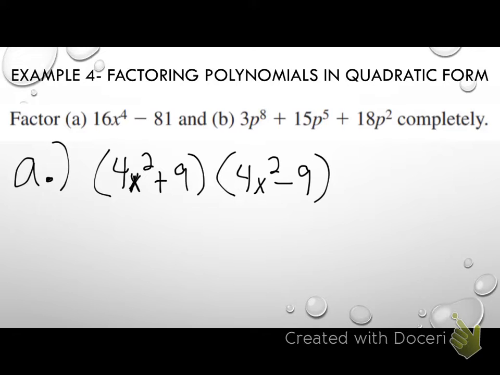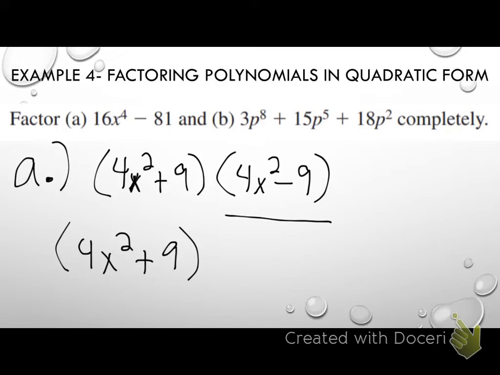I just said it earlier. They're perfect squares. I can only factor the right one farther because it is a difference of squares. Do I have a formula for the sum of two squares? We do not. So I cannot factor that left one any further. So let's factor that right one.